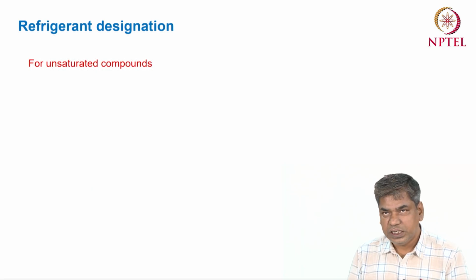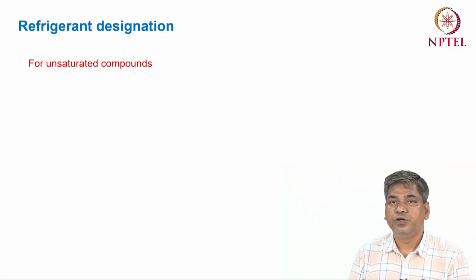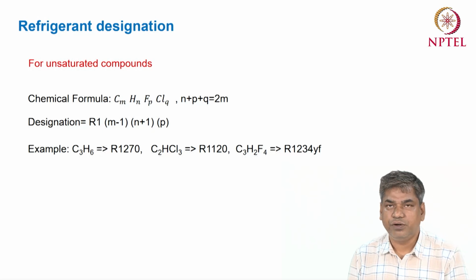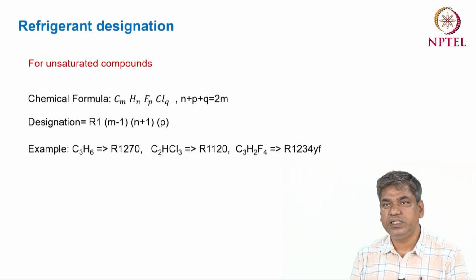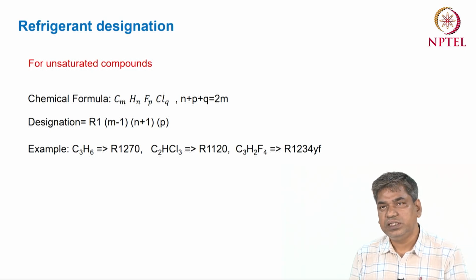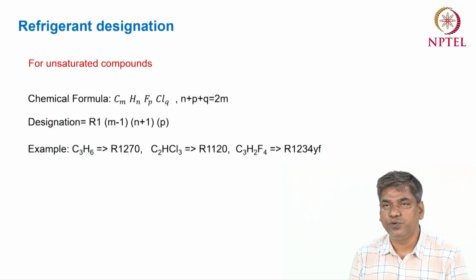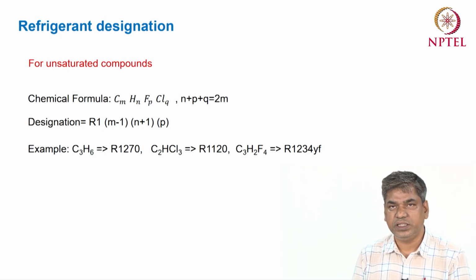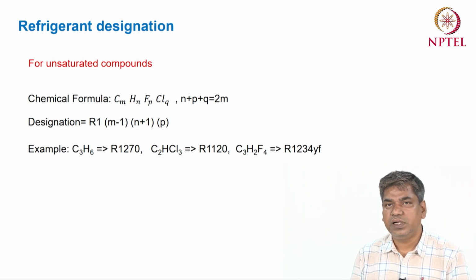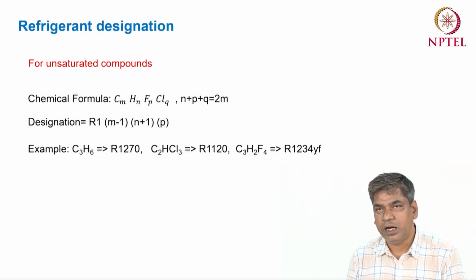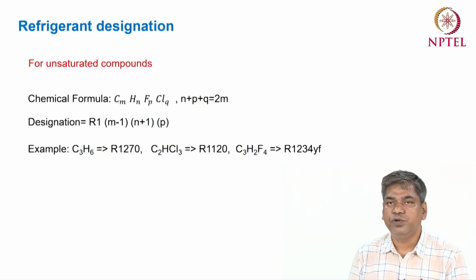Now we will consider the unsaturated compound. For the unsaturated compound, let's say the chemical formula is CmHnFpClq. For this case, n plus p plus q should be equal to 2m. This equation should be satisfied for an unsaturated compound. In the case of the designation of an unsaturated compound, after the R we will use 1.